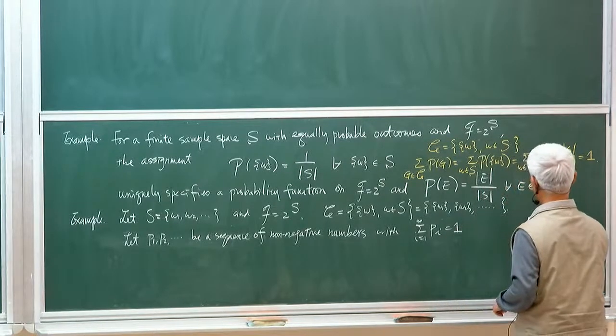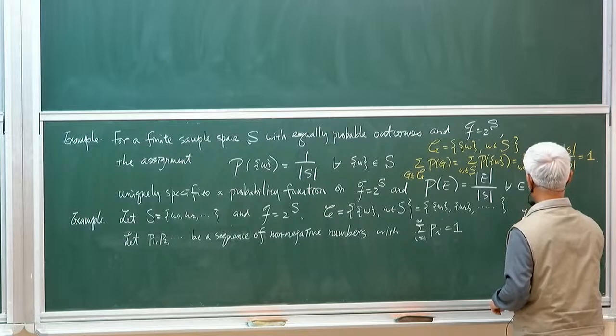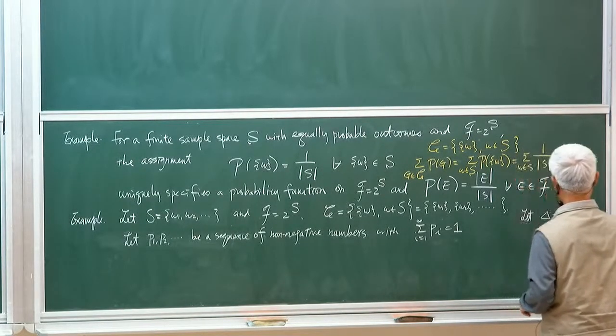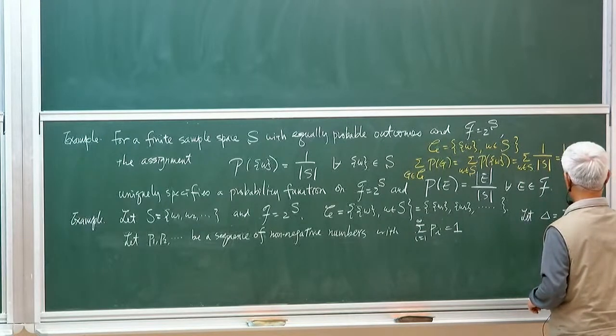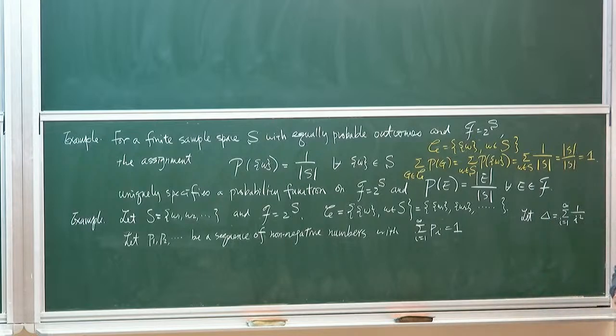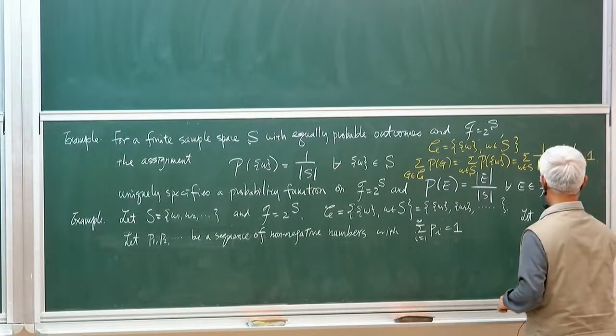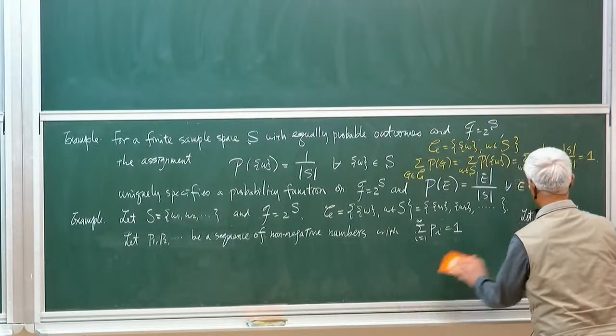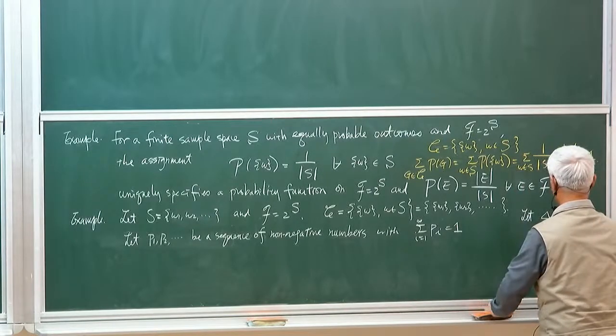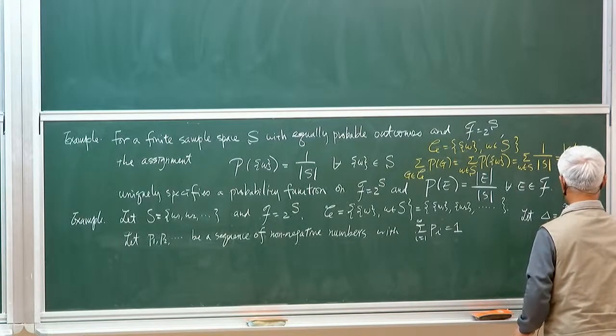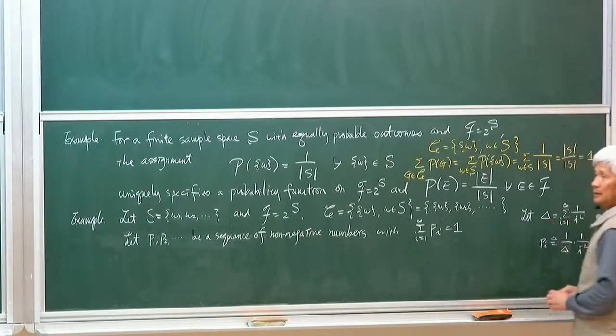For example, you may relate this to the summation of 1 over i squared. This series converges, and we say the sum is delta. And we define P sub i to be 1 over delta times 1 over i squared.